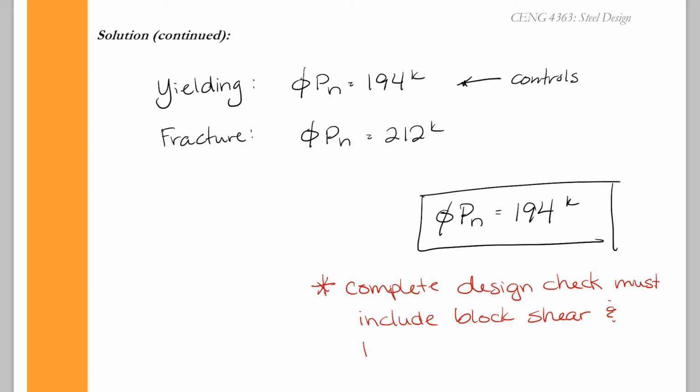And of course, because we have these bolts, we'll have to check various bolt limit states as well for this connection. Okay, but to date, this is what we know. Based on yielding and fracture, our design strength for this connection would be 194 kips.